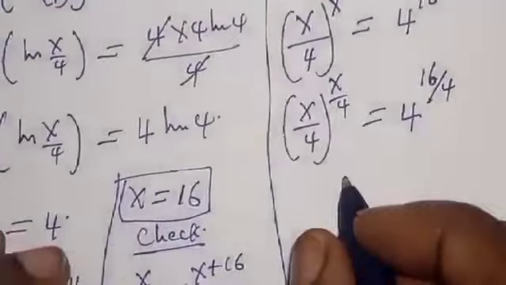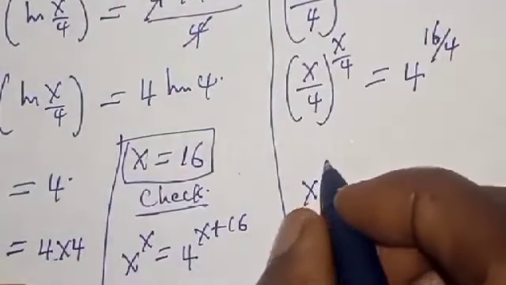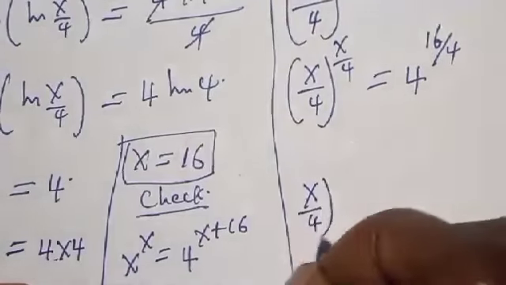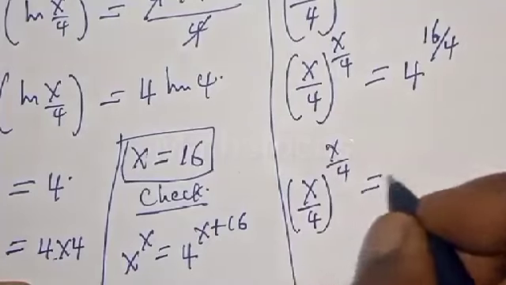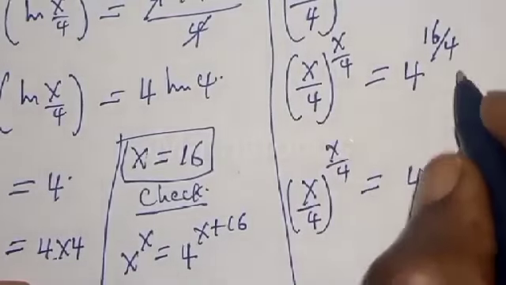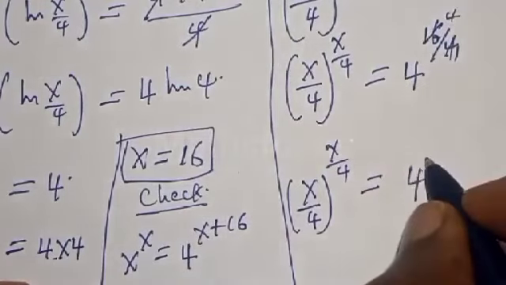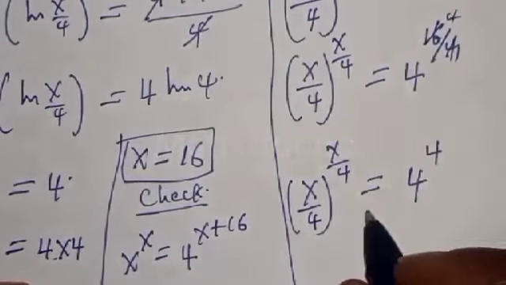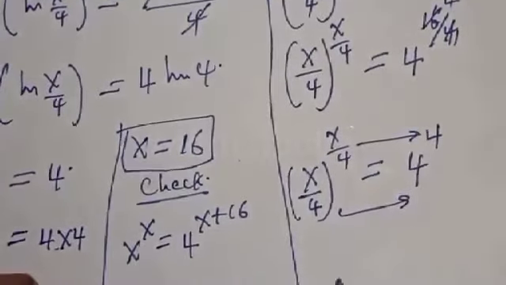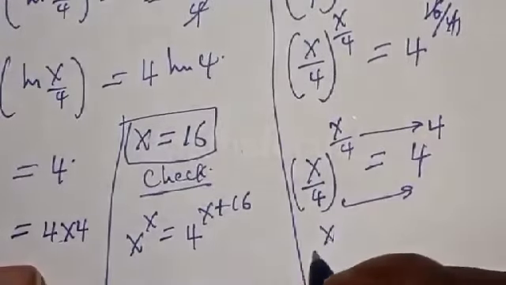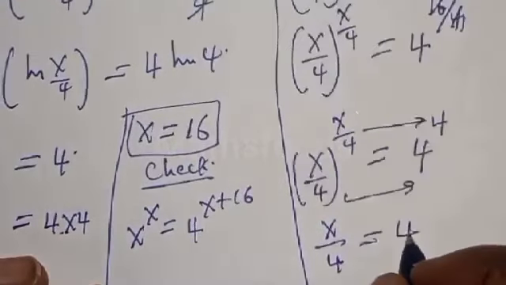Now we have x over 4 raised to the power x over 4 is equal to 4 raised to the power 4, here is 16 over 4, that is 4. By comparing, this is equal to this and this one is equal to this. Therefore, x over 4 is equal to 4.